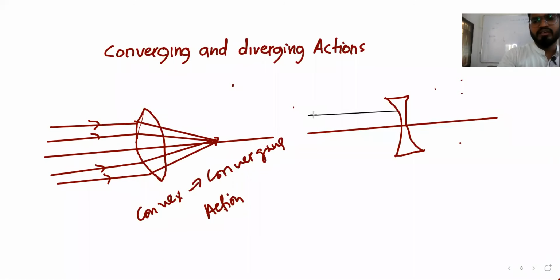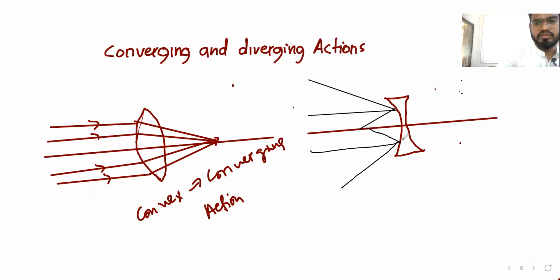A ray of light parallel to the principal axis will pass through the focus, so it will bend like this. So at the focus it will make, right?